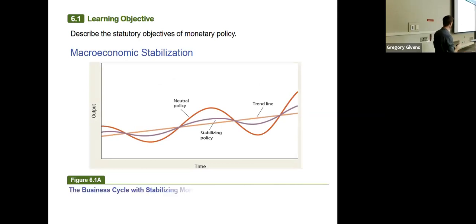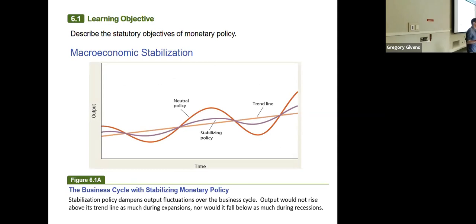Okay, here's a picture that I think provides a very easy visual description of business cycles and the Fed's attempt to implement stabilization policy, okay? What does this figure show? All right, the figure here shows basically a hypothetical path for output or GDP in an economy. So this isn't actual data.